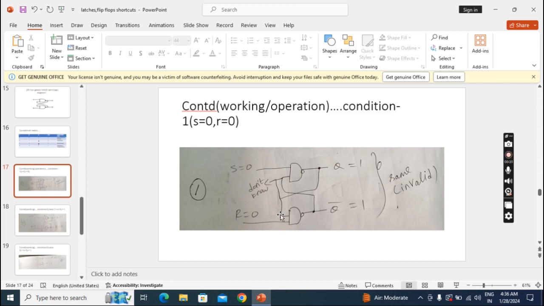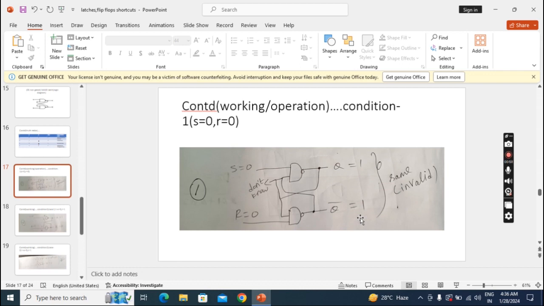Even without knowing the other input, based on the single input we can predict the output, by using the NAND gate definition. What is the NAND gate definition? If any one input is 0, then the output becomes 1. Here also any input 0, the output becomes 1. So Q also becomes 1, Q bar also becomes 1.